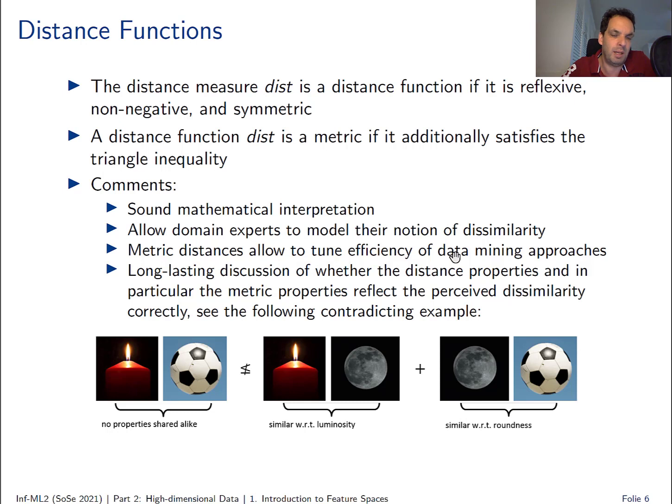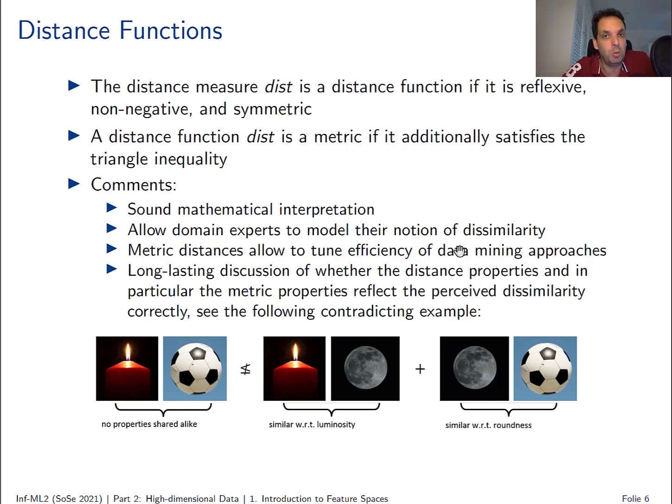But still, those algorithms typically work even if the distance function used is not a metric and does not satisfy the triangle inequality, because very often we have a pseudometric as a distance function, which means that in most cases this distance function behaves as a metric, but there are some rare exceptions where, for example, the triangle inequality can be violated, and in that case it's absolutely okay to apply it.